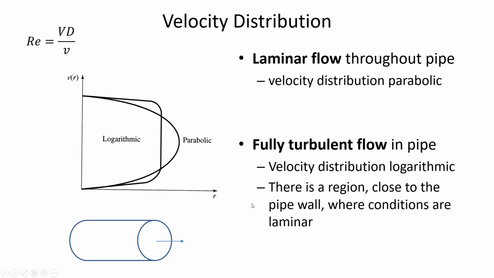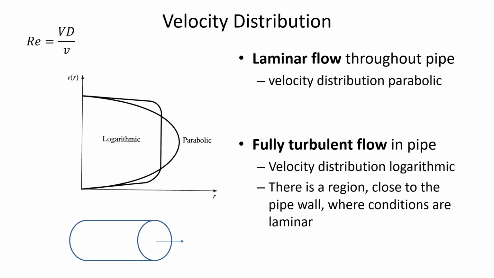So I wanted to point out those two general types of velocity distributions because we're going to be talking about the range in which there's this layer near the edge of the pipe where the velocity is low. So velocity is high in the center of the pipe. I think everybody understands that and gets it at an instinctual level. And close to the pipe, the water is at the same velocity as the pipe itself, which is to say 0.